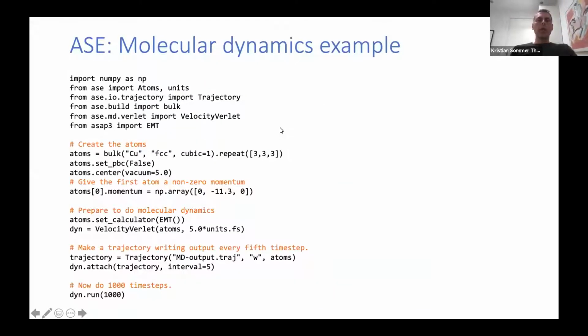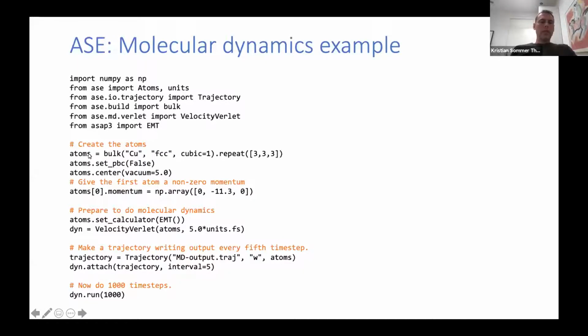And just to give you a more specific illustration of how you would work with ASE, here is a little example of a simple molecular dynamics simulation. So you start by importing whatever you need here. You can see there are a number of imports from the ASE.